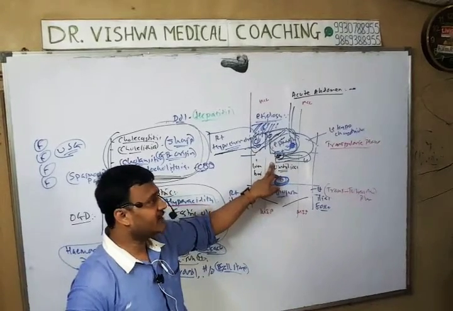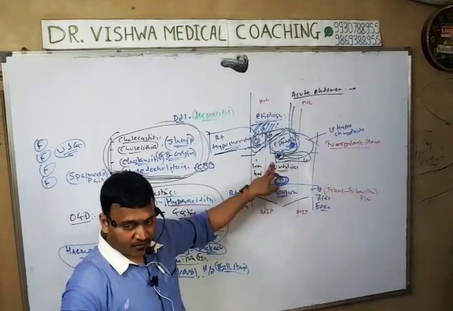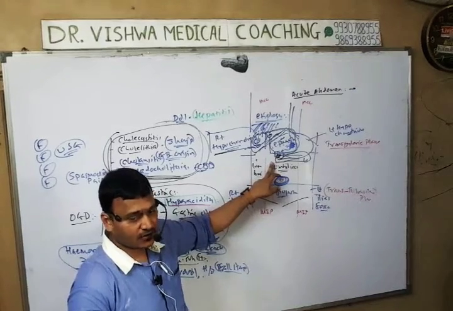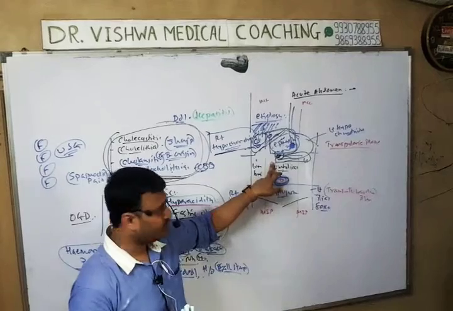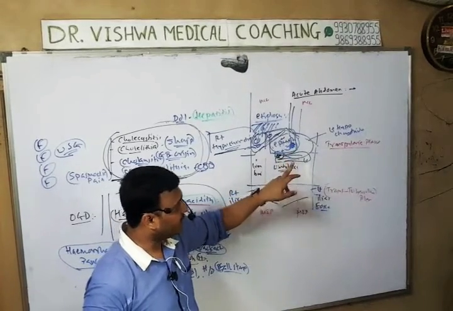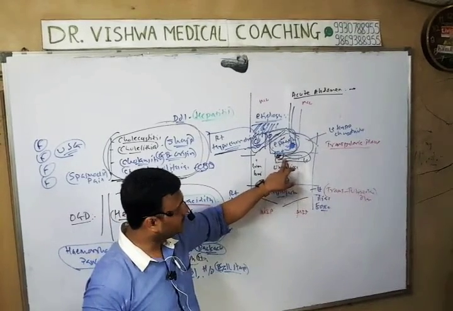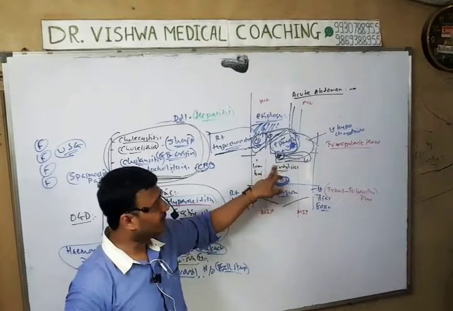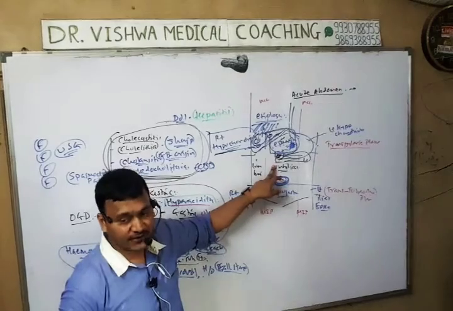Because the pancreas is a gland which has both endocrine and exocrine parts. The endocrine part, as we all know, is insulin and glucagon, which normally go into the blood circulation. But the pancreas also has pancreatic juice that is supposed to be released into the duodenum, the digestive juices: amylase, lipase and protease.